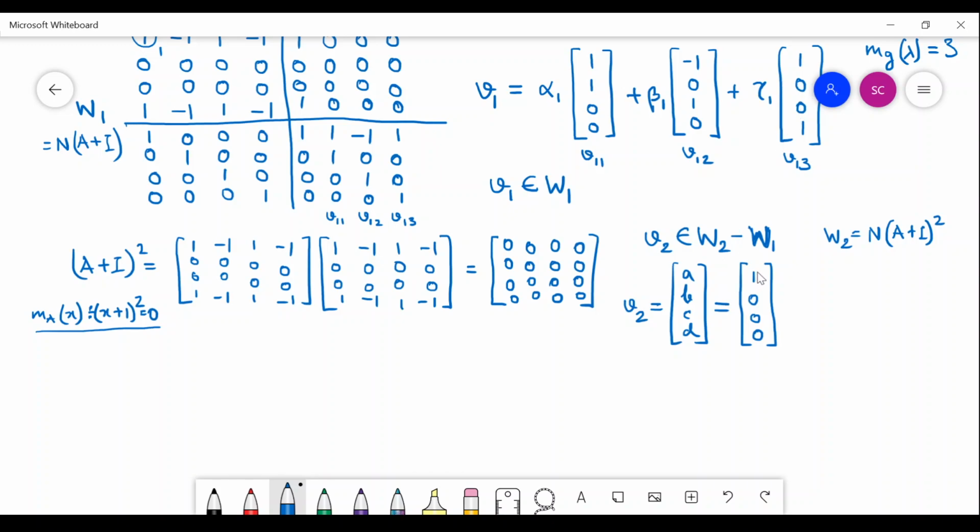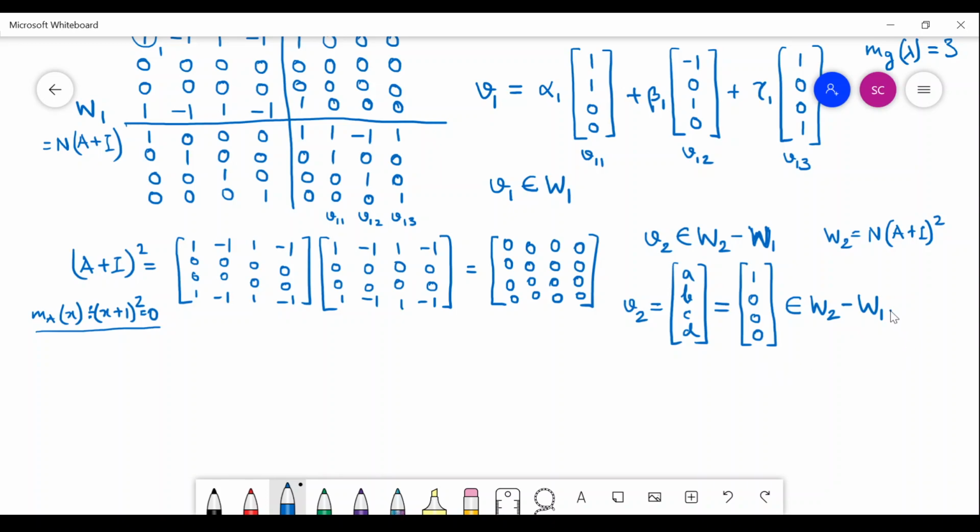So just choosing this as 1 and these 2 as 0 would have been sufficient probably, but I also choose the fourth element as 0 to make the vector very simple. So this v2 is obviously in W2 but not in W1.